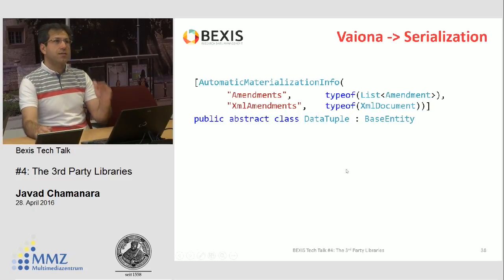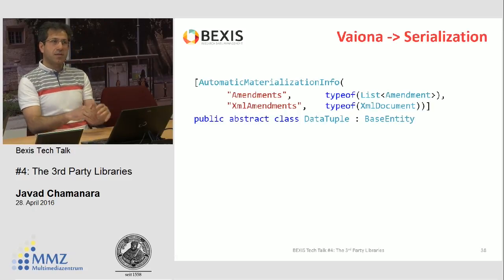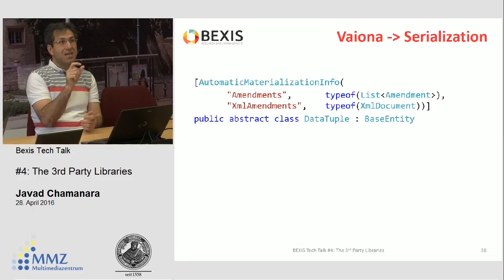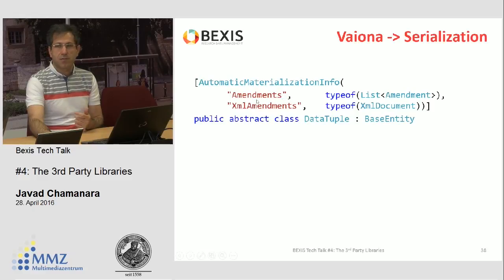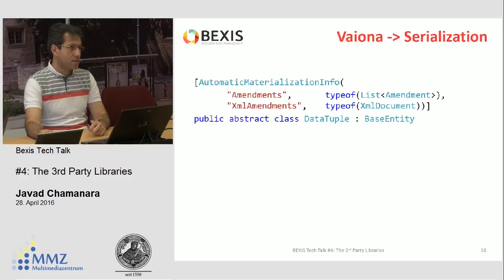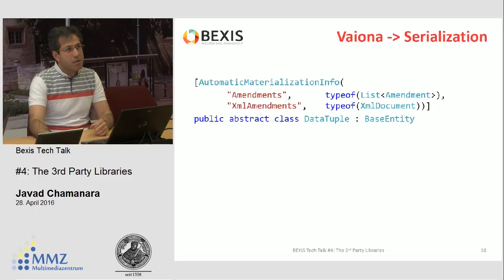And then later, when this data tuple that is dematerialized is ready to be put into the database, just the XML amendment field will be mapped to the database. And amendment is not actually mapped if you go look at the NHibernate mapping file. So this part won't be stored in the database.